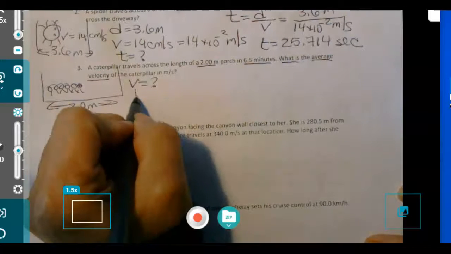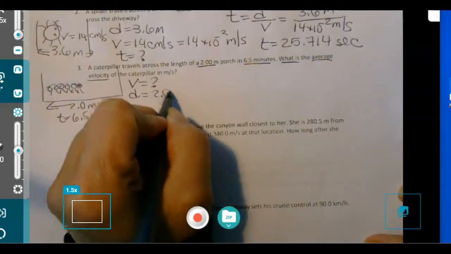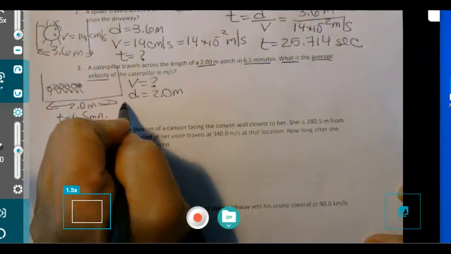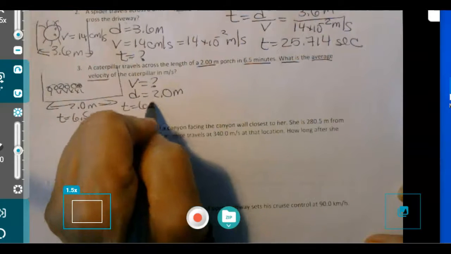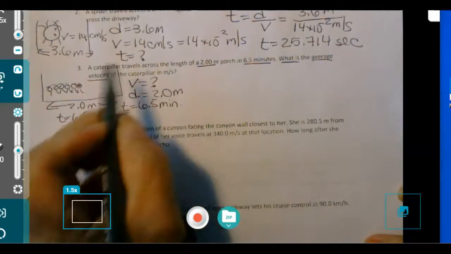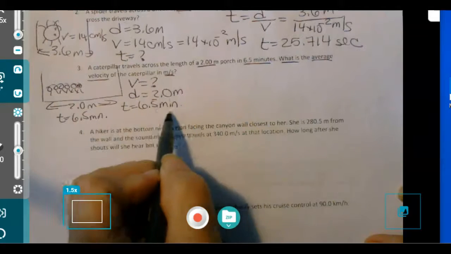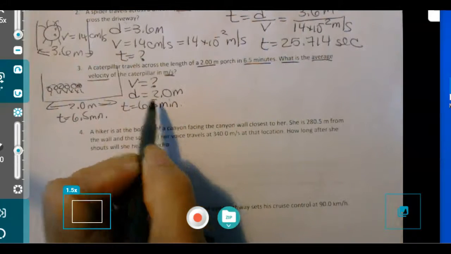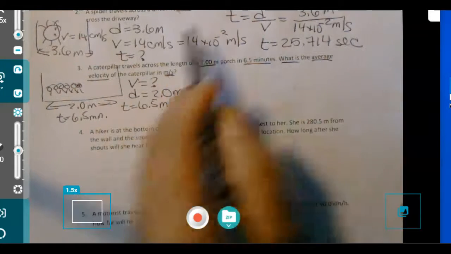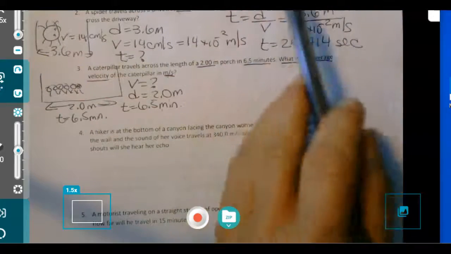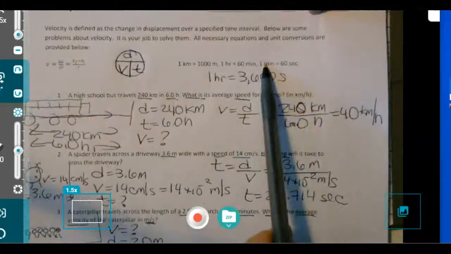So that means my distance is 2 meters. My time is 6.5 minutes. Well, we want the time to be in seconds because we need this in meters per second. So if you look, 1 minute is 60 seconds. I think everyone kind of knows that.